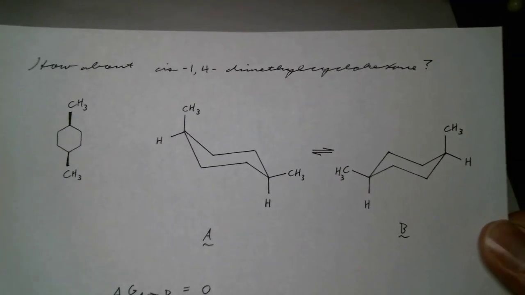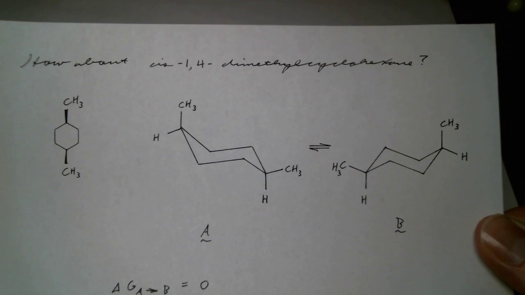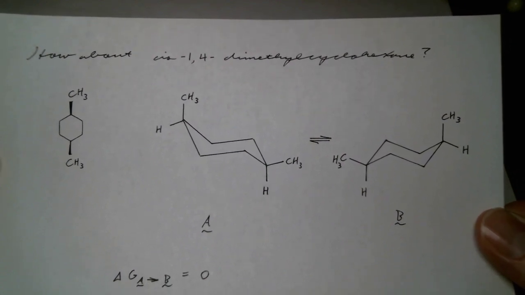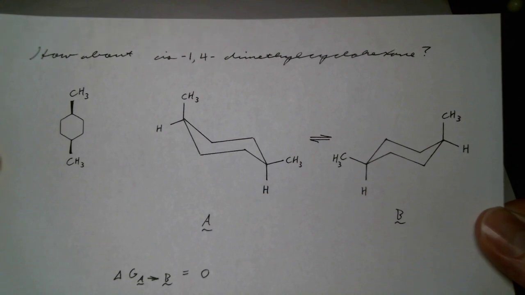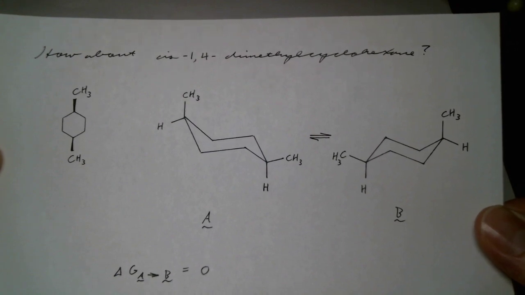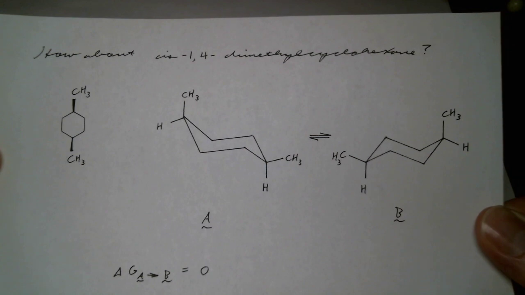But first, how about cis 1,4-dimethyl cyclohexane? So we saw before that for the cis 1,4 relative positioning of our methyl groups, we had one methyl group in an axial position, one methyl group in an equatorial position.